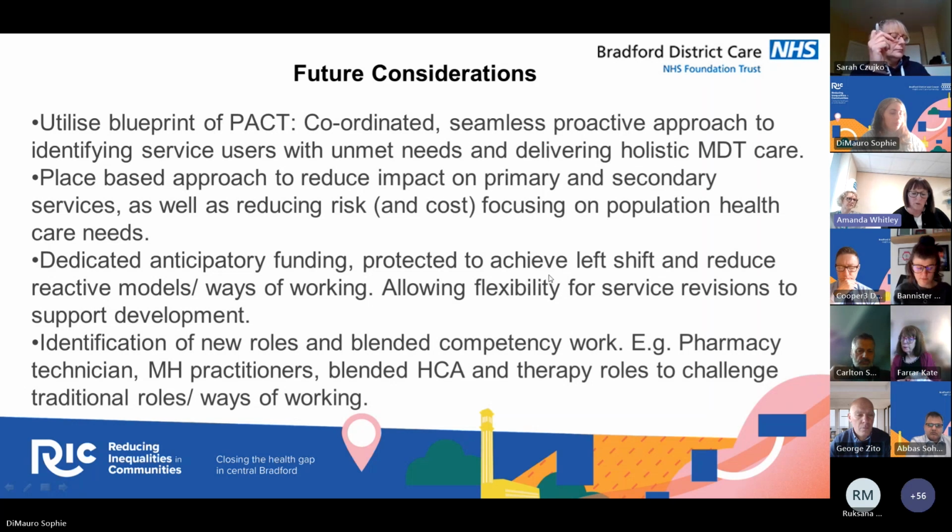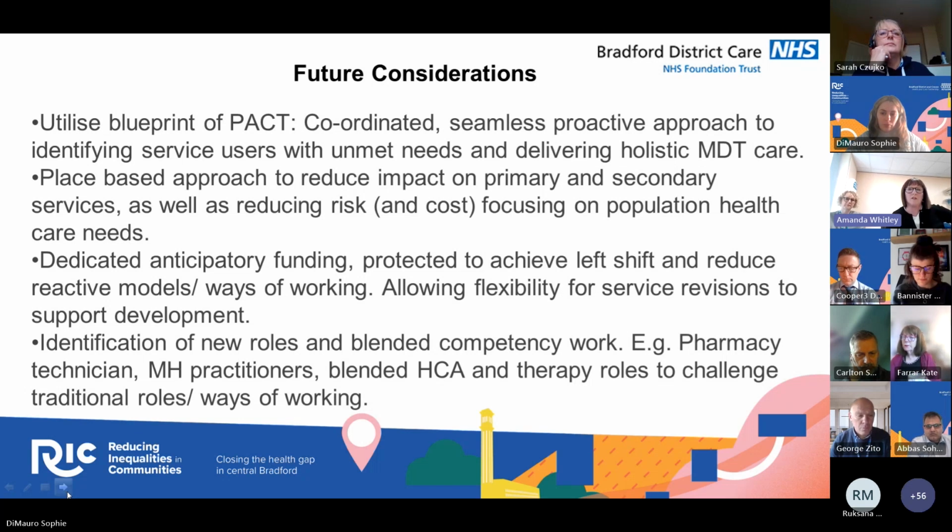We include everybody in our MDT. We've been allowed flexibility in developing a service, so it's been grown from clinicians up. We've had lots of support from Rick throughout this. We've had the steering groups, we've fed back, we've worked on PACT jointly.